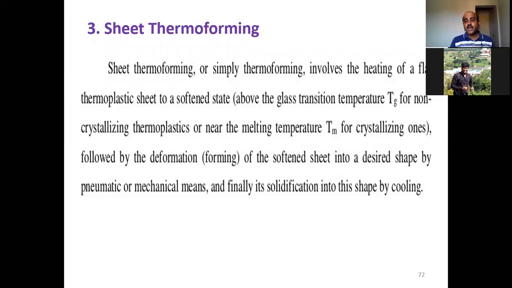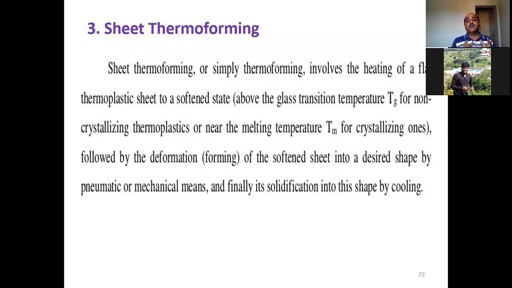You can impart whatever shape you want by deforming the softened sheet by pneumatic or mechanical means. Deformation can be done either by pneumatic means, using air pressure or vacuum pressure, or by mechanical means. Finally comes its solidification into the shape.